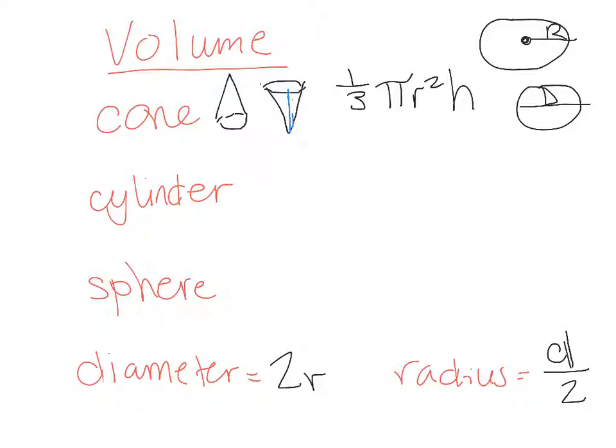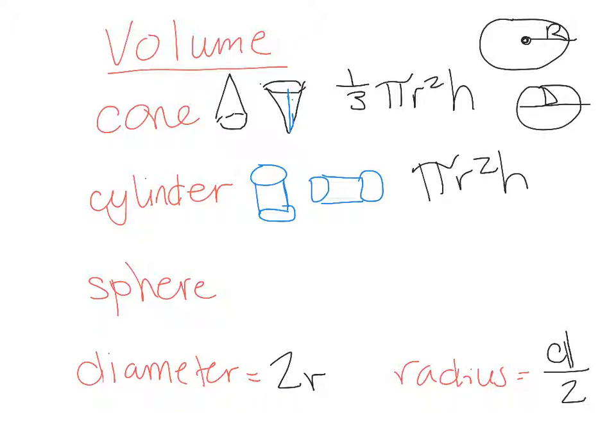For a cylinder, most commonly think of a can of soup or a can of ravioli, SpaghettiOs, that sort of thing. Our cylinder looks like this, or you may see it sideways, and forgive my drawing, I'm not the best artist. The formula for the volume is pi r squared times your height.